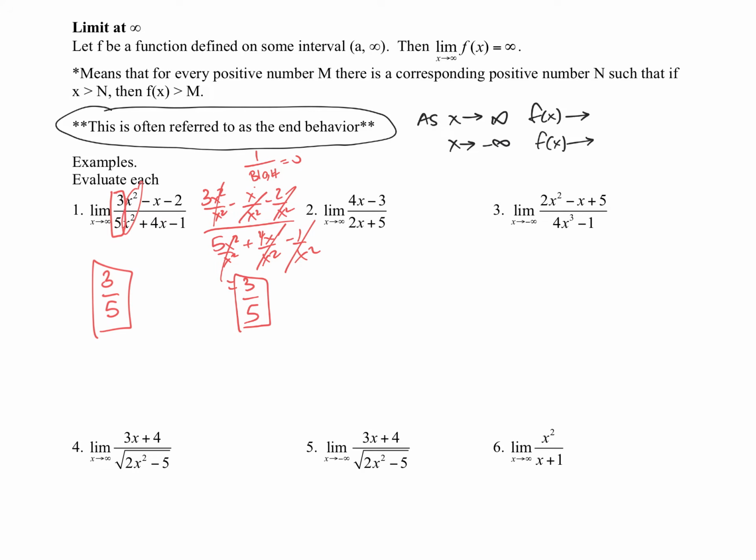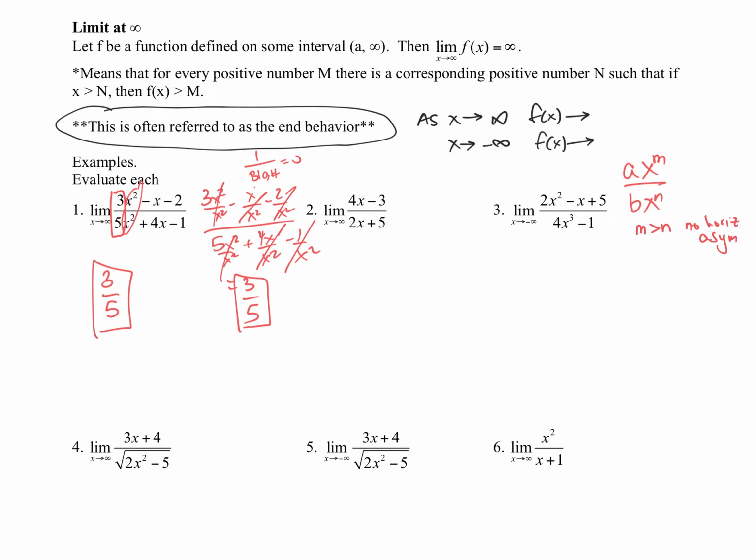There's actually the trig way of doing it, which is our Algebra 2 way, which I think is much easier on these. And that's the one where if you have ax to the m over bx to the n, you're looking at the highest power and the coefficients. If m is greater than n, that means the highest power on the top is bigger than the highest power on the bottom, then there is no horizontal asymptote.